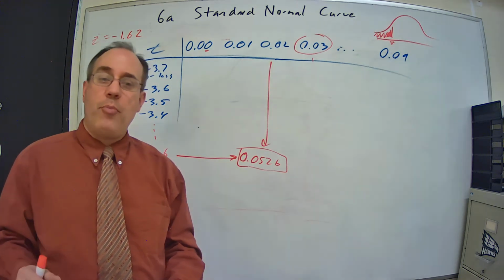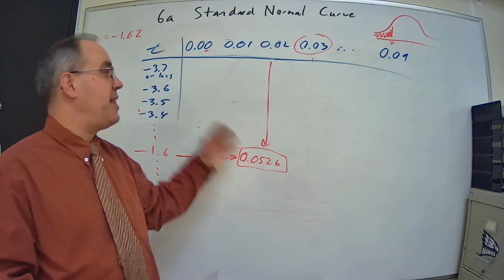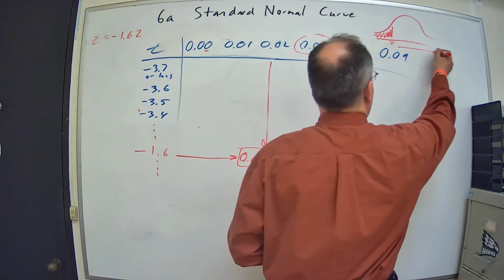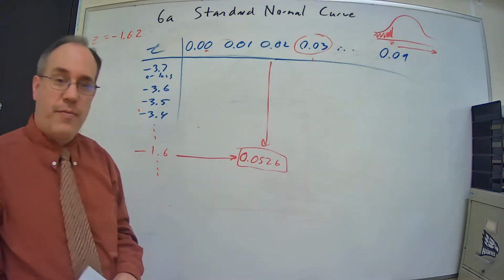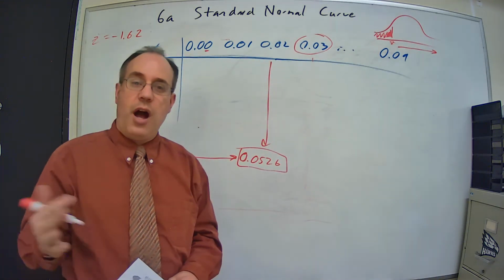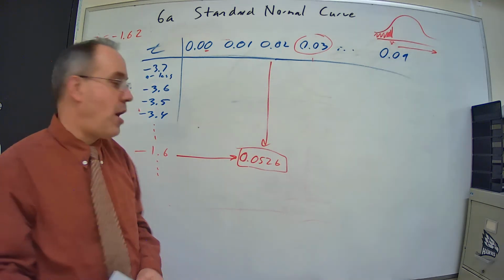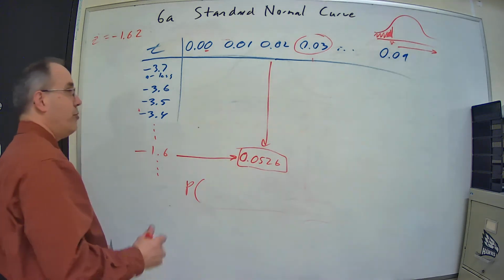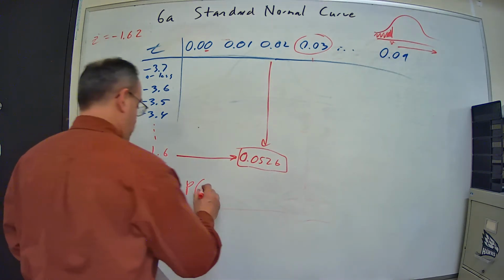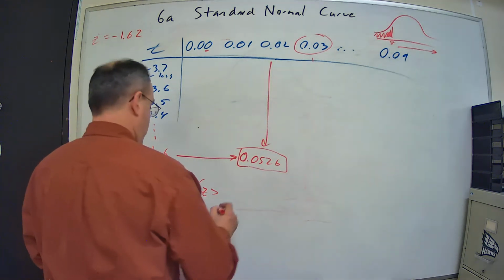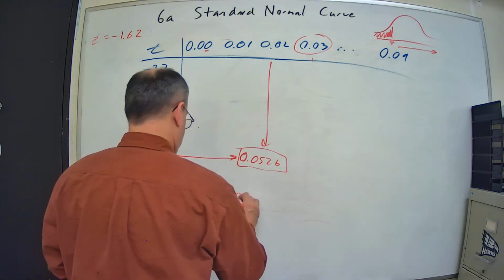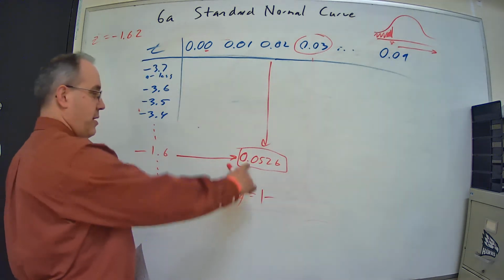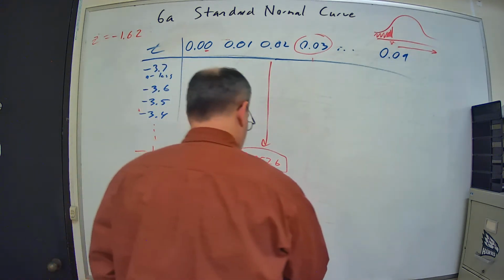Well, that leads to another possibility. What if I want the probability that it's more than that value? Then isn't that looking at the area to the right? Well, that's just the complement. So if I want the probability that I get a value greater than, so I'm going to say z greater than negative 1.62, I'm going to take 1 and subtract this 0.0526.